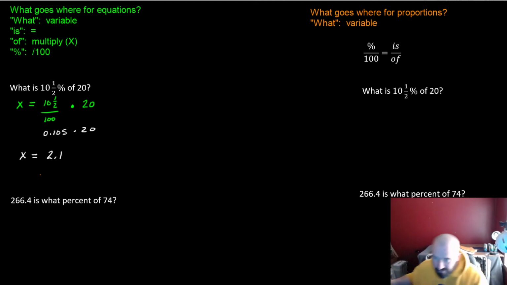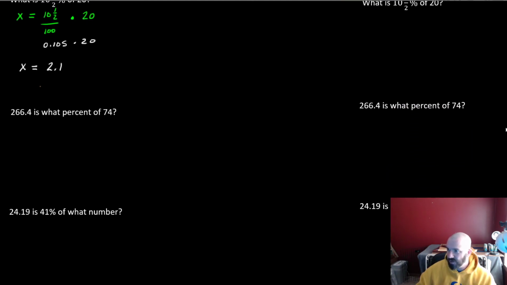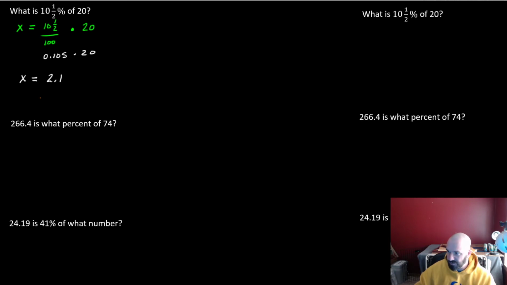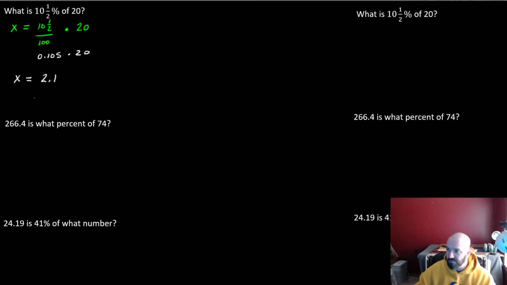I should probably have that with me, huh? Just to make sure here. 0.105 times 20 is in fact 2.1. So at least my brain's on today. Okay, so moving on to the next one. It's the next style. We're not going to change methods. I'm going to stay in the equation method here.